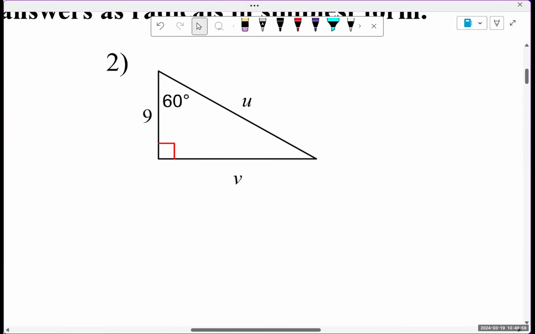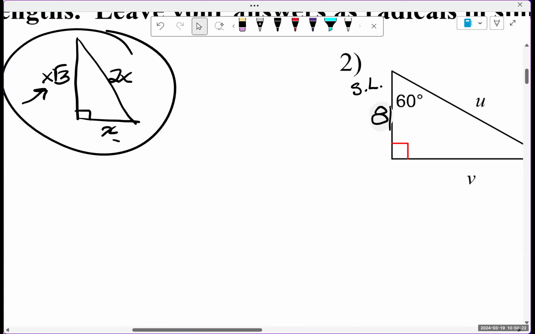First of all, then, oh, you guys, do we mind if we change it? I don't want that to be 9. Let's have that be 8. Okay, so first of all, what have I found? I've found, or I've been given, the short leg.